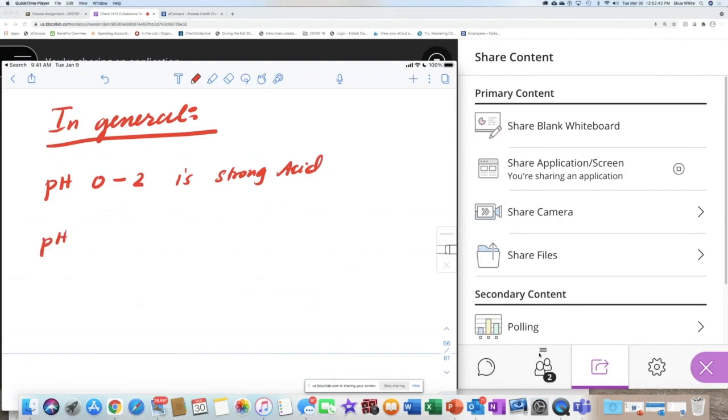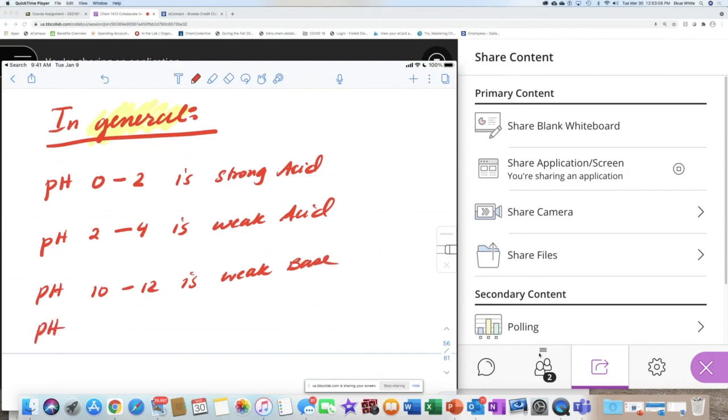And then pH of 2 to 4. It's general. This is like a disclaimer here. In general, 2 to 4 is a weak acid. So in that region right there, weak acid. And then pH of 10 to 12 is a weak base.